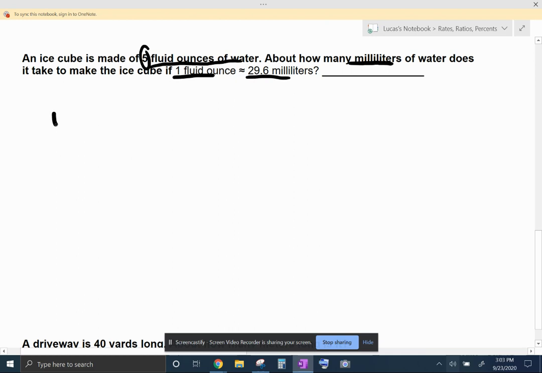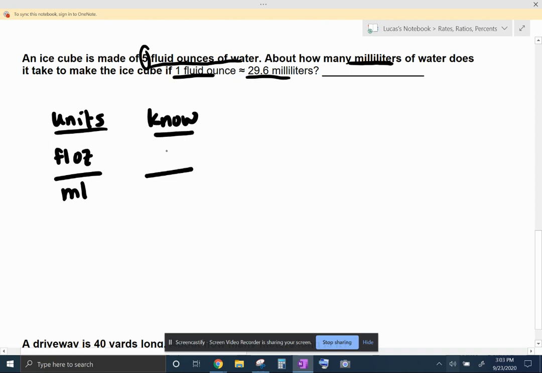Well, we're going to start with our units first, and we're going to label those down. Our units are fluid ounces and milliliters. And then we're going to go with what we know. What we know is that 1 fluid ounce is equal to 29.6 milliliters.